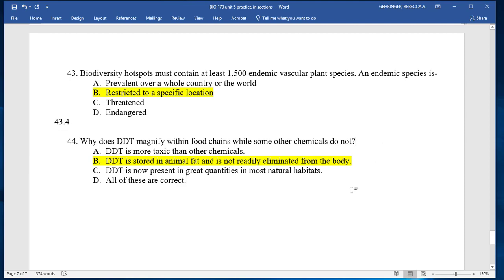So what do we call that when we have toxins getting more concentrated at higher levels within the food chain? That's called biomagnification, or biological magnification. So they kind of gave it away in the question because they said DDT magnifies.